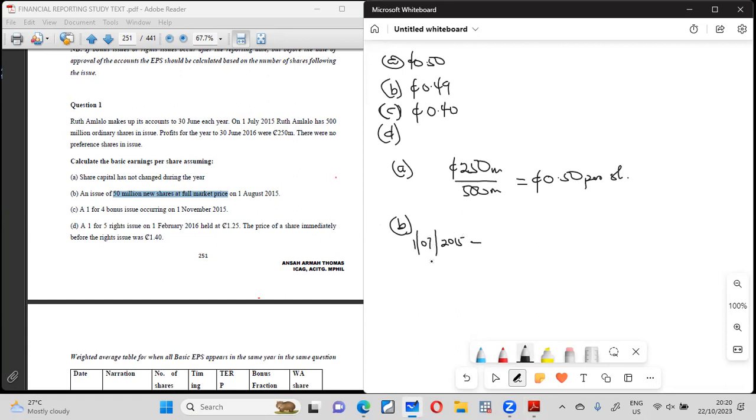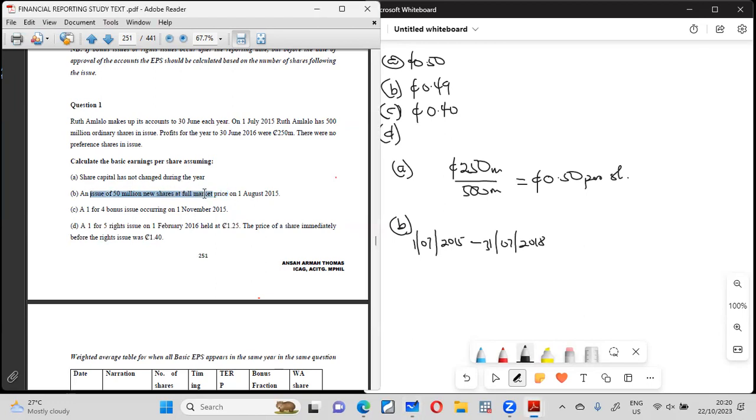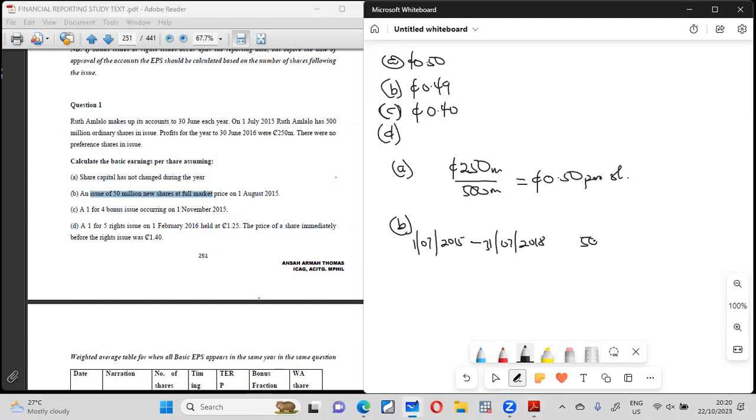So the opening will be 500 million shares for just 1 month, one over 12.